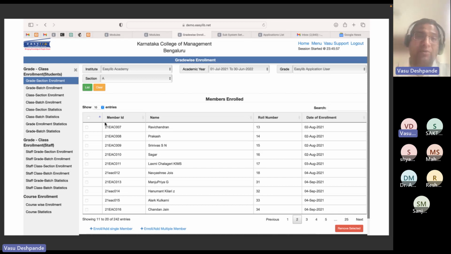And then there is a class enrollment, because if you happen to be a school, you pretty much enroll everybody into 5th A, 5th B, 5th C, and all that. However, as the student gets into higher education, even though the student may be BA first year or BSc, some of the students will be in statistics, some in mathematics, some in the computer side, even though they may be taking all the PCM, right?